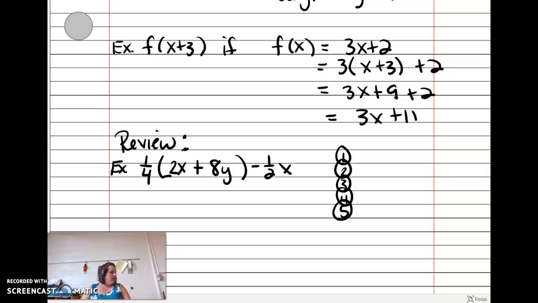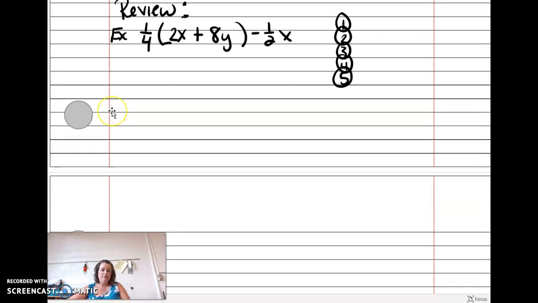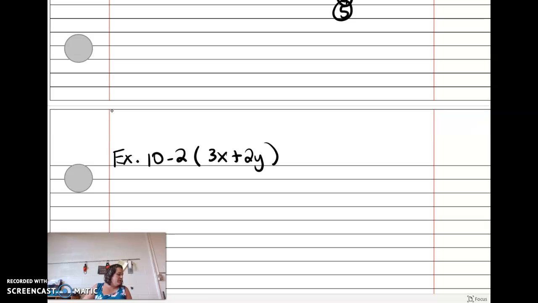Okay. I also want us to do some more distributive property stuff and combining like terms. So I'm going to have us do this one as well. If I were to do 10 minus 2 times 3x plus 2y, what does that simplify down to? Combine like terms if you can.